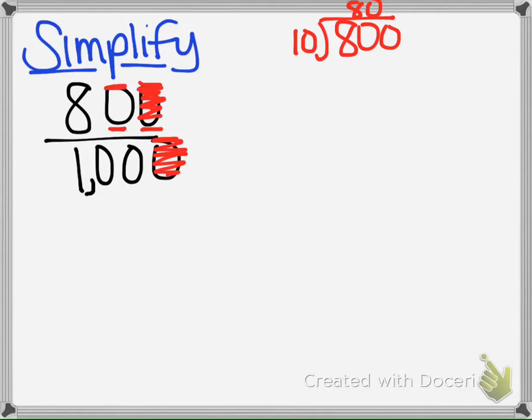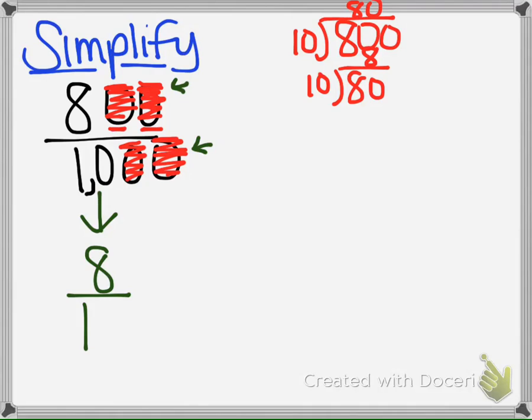Because this has a 0, and this one does, we can cancel that out. That's like taking 80 and dividing out another 10 to get just the 8. So that trick will always work. If there are 2 zeros up here, we can cross out 2 zeros there. And then we're left with just the 8 and the 10 to simplify. We know that 2 goes into 8 and 10, so we would get 4/5.